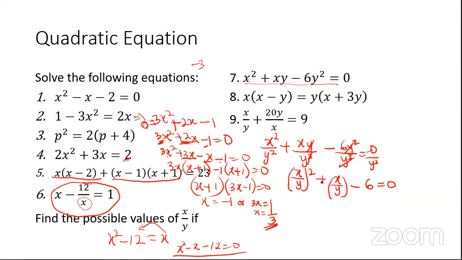But if you feel it may confuse you, just let x over y be equal to a, so that we have a squared plus a minus 6 equal to 0. This is a quadratic equation. You can solve it and get the value of a. So once you get the value of a, that is the value of x over y.